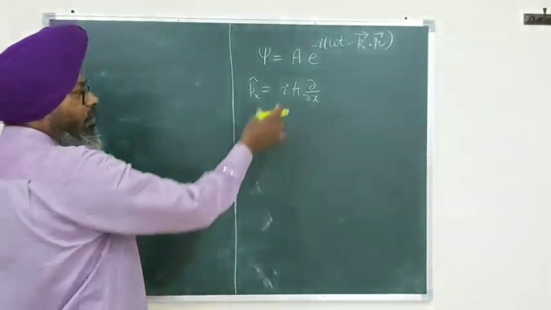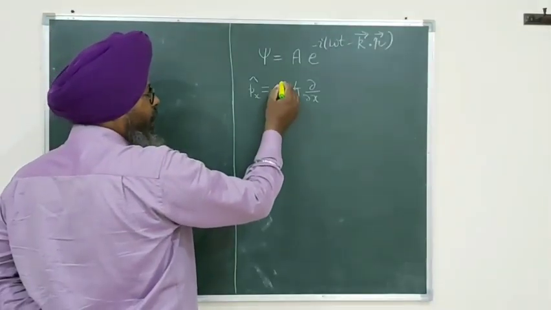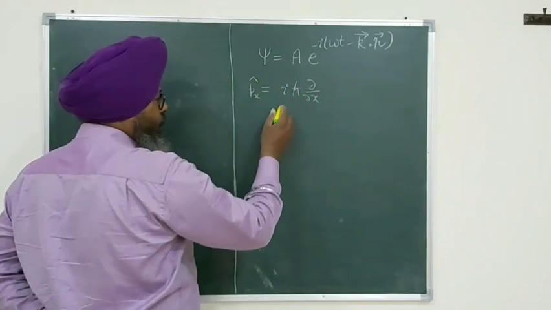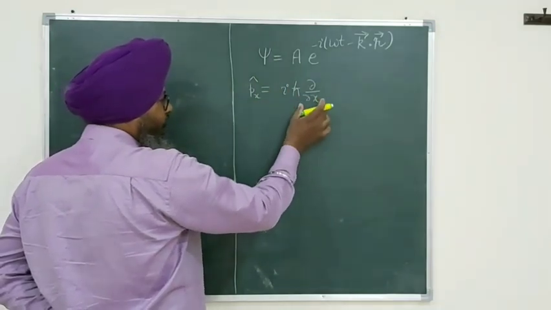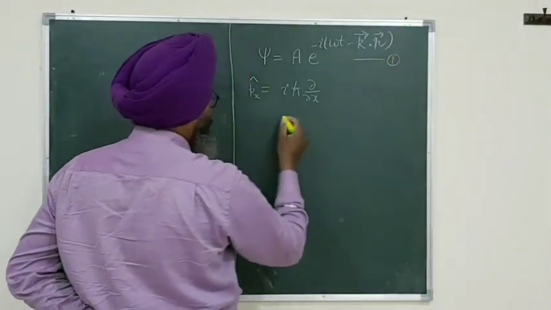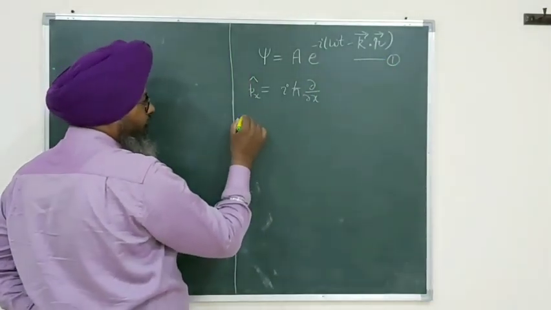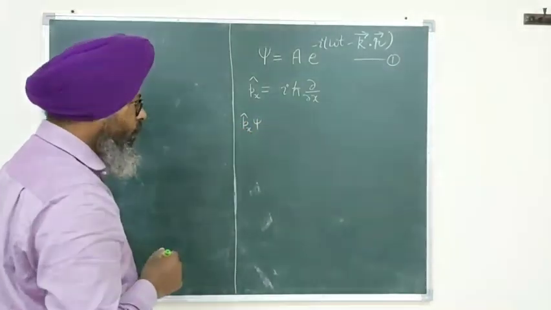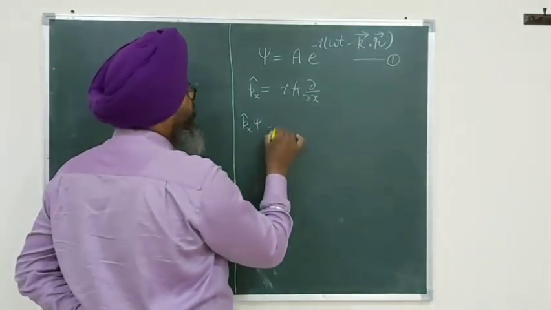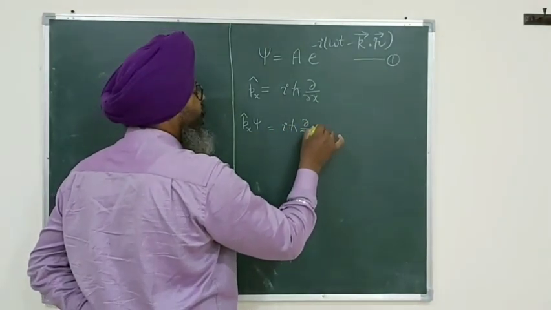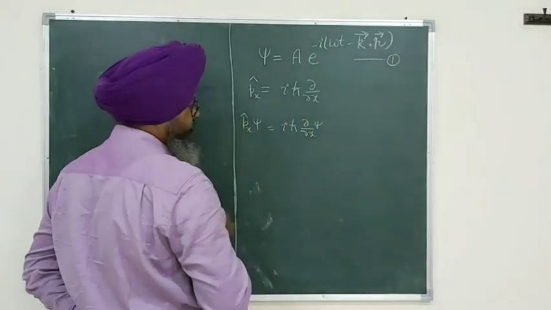Now look, this is multiplication because I have multiplied iota h cross with partial by partial x. So when I operate this on the wave function, let us say this is equation number 1. So what will be px cap psi? Let us see. It will be iota h cross partial upon partial x of psi.